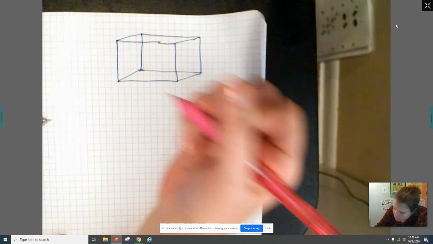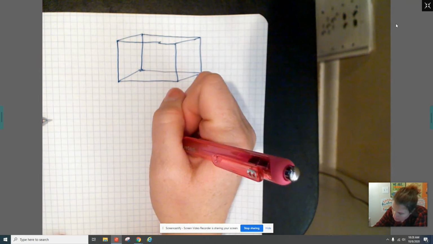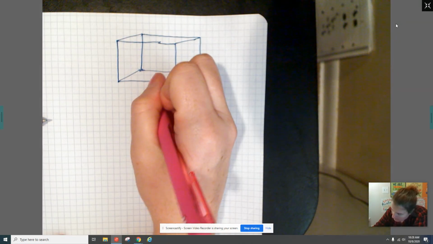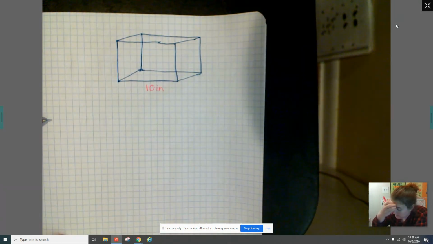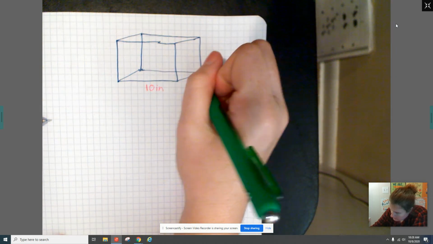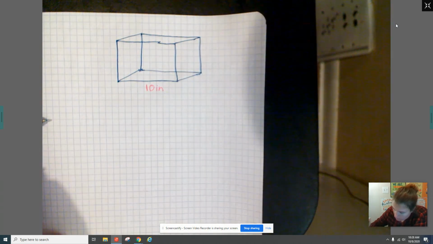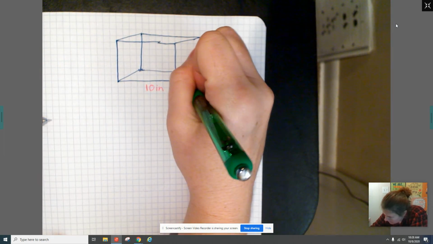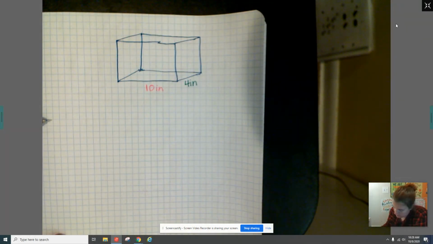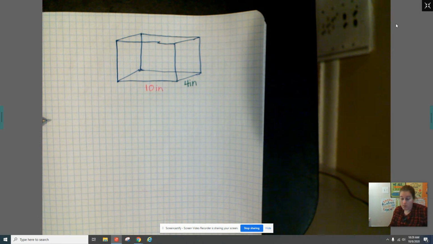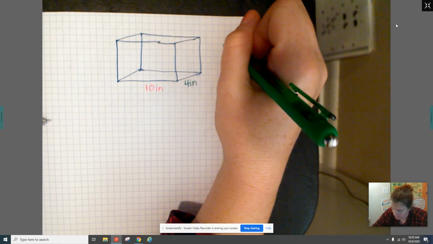Here we have a 3-dimensional rectangular prism. I'm going to label the base 10, and we're going to do inches. We're going to say the base is 10 inches, and the width is 4 inches. I'm not going to tell you what the height is, but I am going to tell you what the volume is.